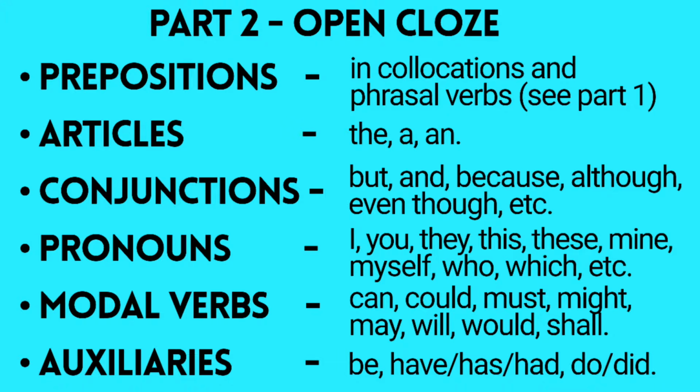Also modal verbs and auxiliary verbs, including the verb to be as an auxiliary. It's very common to see the verb to be as an auxiliary in this part of the exam. So it could be in part of a continuous form or passive form. You may see have or has in the present perfect. All grammar you know, but you need to refresh.